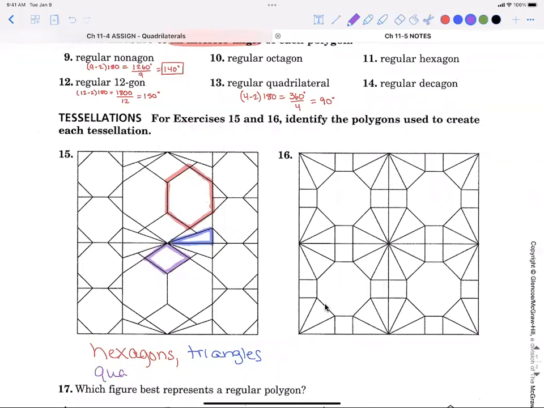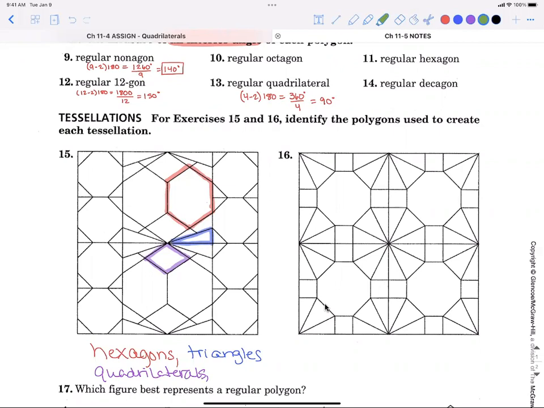So we know there are quadrilaterals and there's one more. Point to it for me. Well, again, we don't have the lines. They're not parallel. So that would just be another quadrilateral.